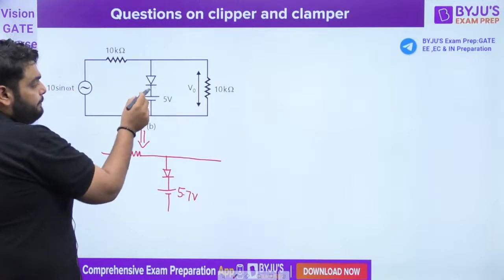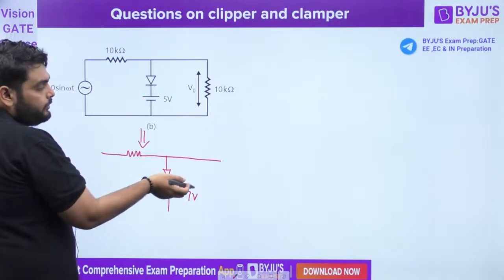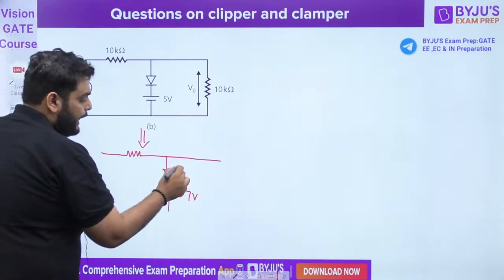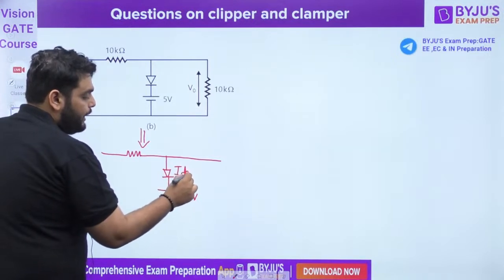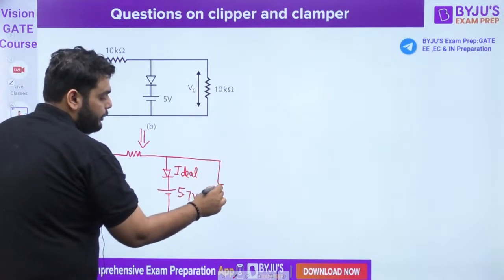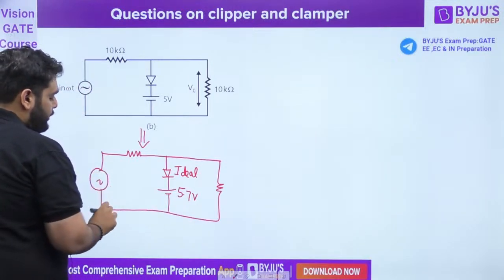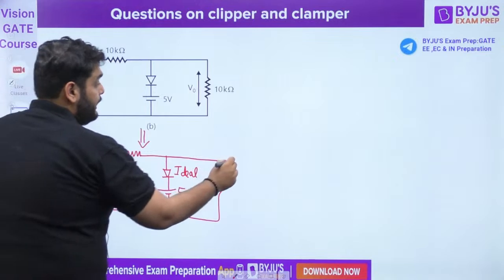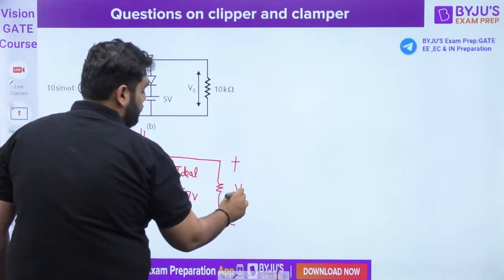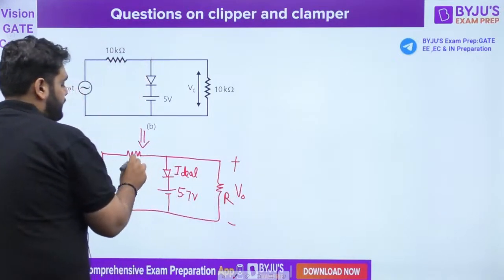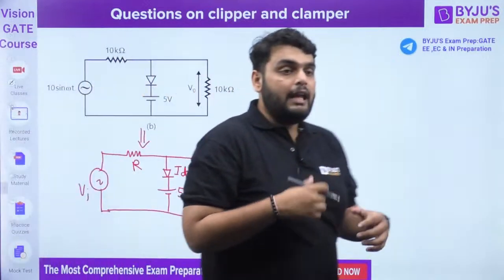When you replace it, the source comes out to be 0.7. Now it becomes the ideal diode, like this. This is the input voltage, across it I want the output voltage, and the resistances R and R are the same. Okay, this we have. Now what do we have to do?